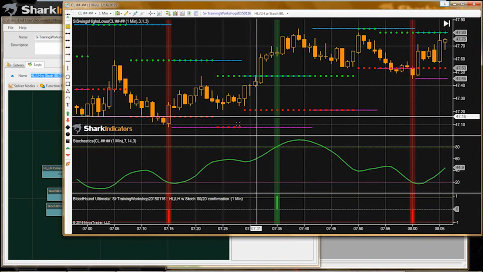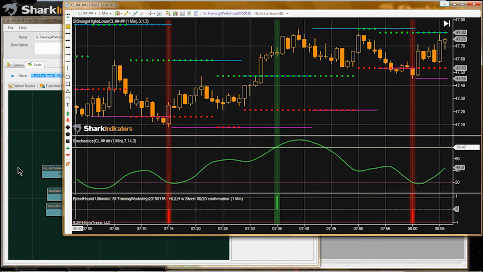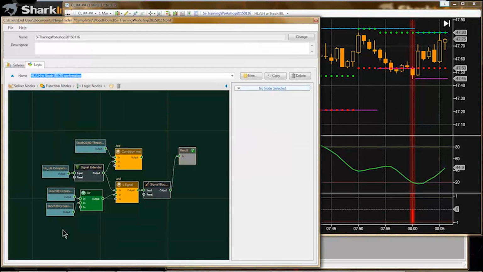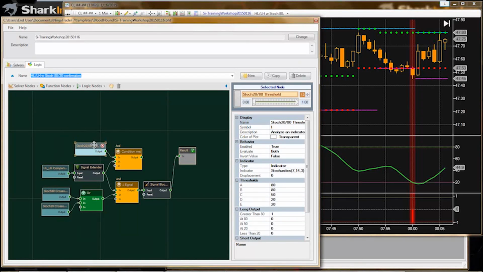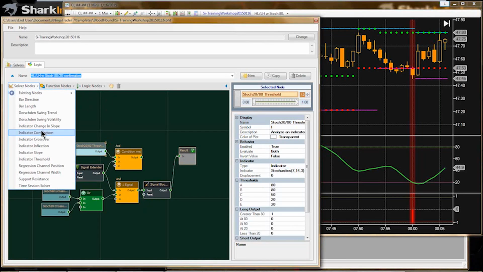There's also some other ways that an indicator can share its information, and I'm not going to go into detail because this gets into programming, which is a topic that we don't cover. But as I showed previously, let's see.